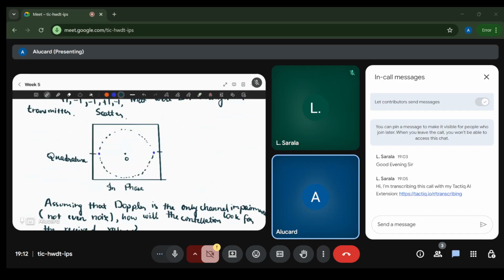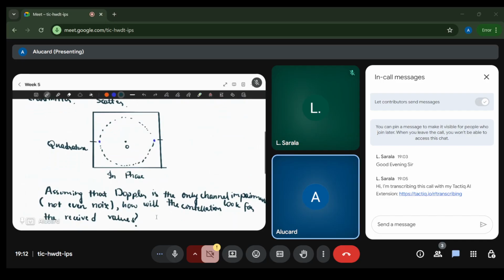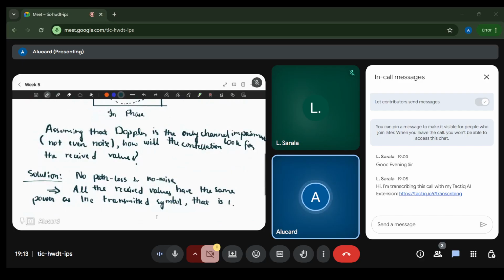That is, each point should be at a distance of 1 from the center. You can look at the options and see in which option the points all lie on a unit circle. That will be your answer.